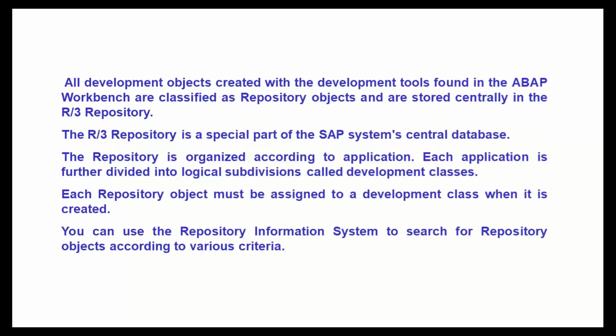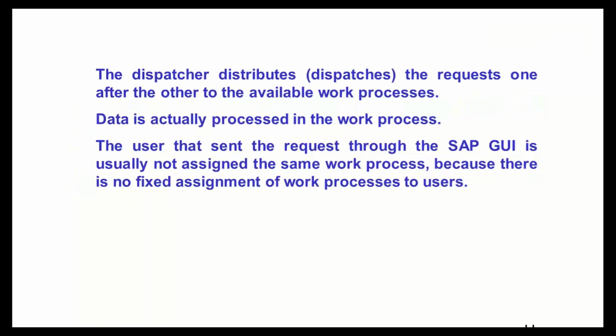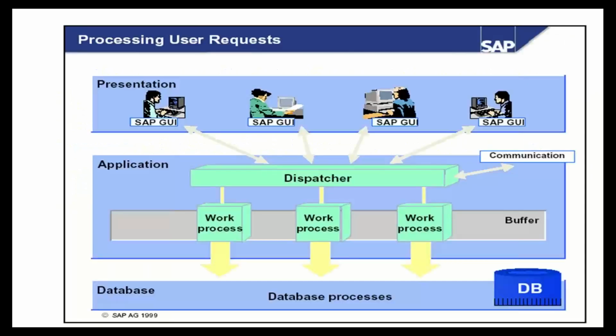All development objects created with the development tools found in the ABAP workbench are classified as repository objects. These things we'll see later. The most important thing that we need to understand is this one. And we need to understand one more thing, that a dispatcher distributes the work to work processes randomly.